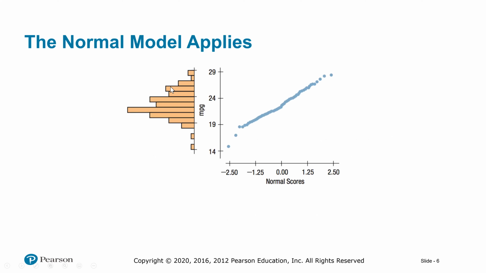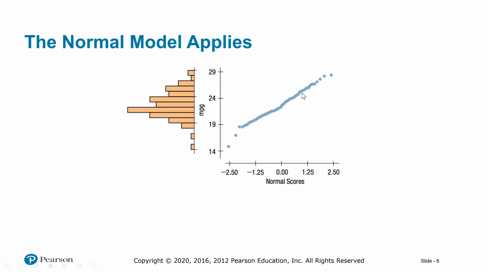So let's see this data right here that is portrayed in this histogram. It looks fairly symmetric around the center. Of course there are some deviations here in these two lower ends of the observations.